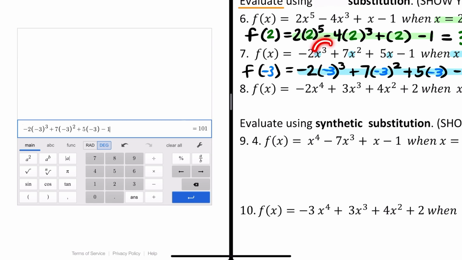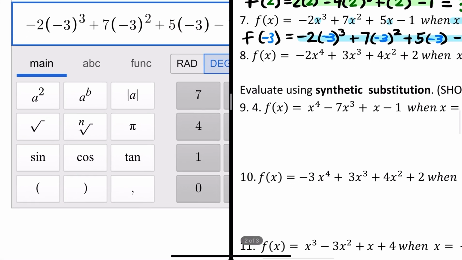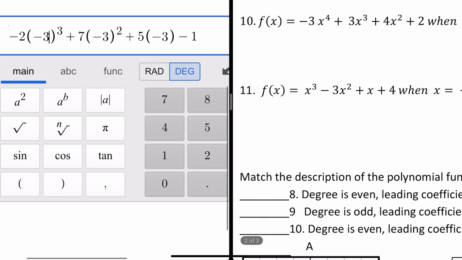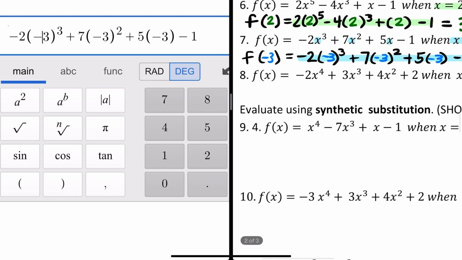So I would suggest having 5 points for this graph. So I would plug in 5 different numbers into this equation. And since you're using a calculator, you really just only have to change the numbers, right? So here, here, and here, since you already have it in a calculator.